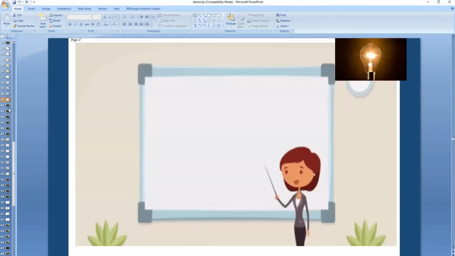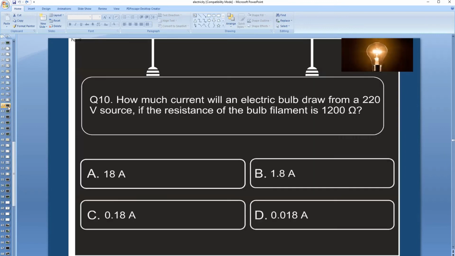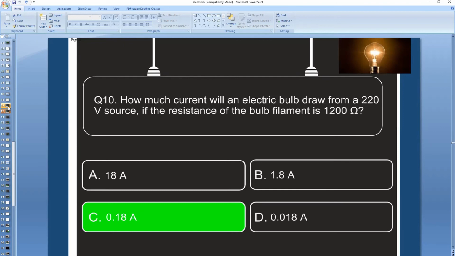Let me see what you have understood. How much current will an electric bulb draw from a 220 volt source if the resistance of the bulb filament is 1200 ohms? Option A, 18 amperes. Option B, 1.8 amperes. Option C, 0.18 amperes. Option D, 0.018 amperes. The right answer is 0.18 amperes.